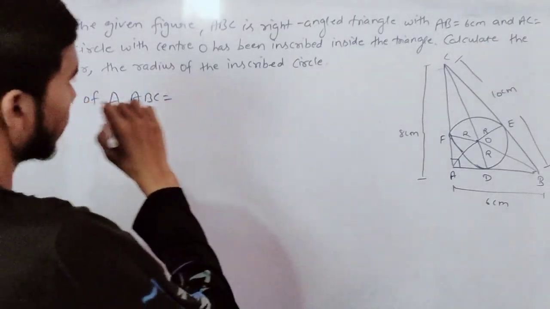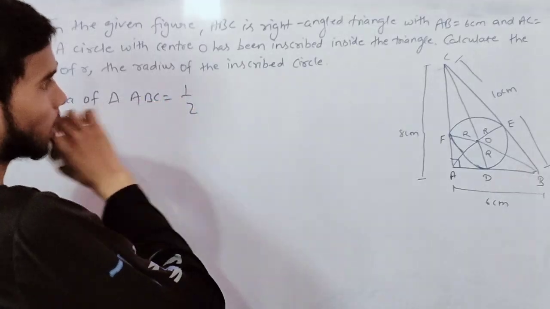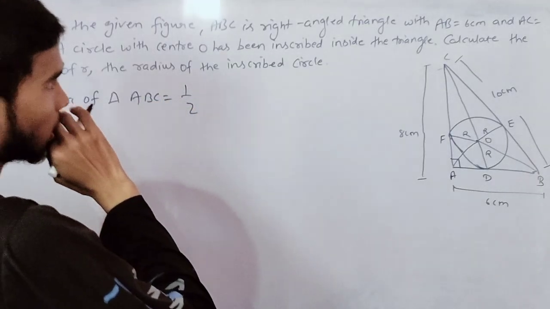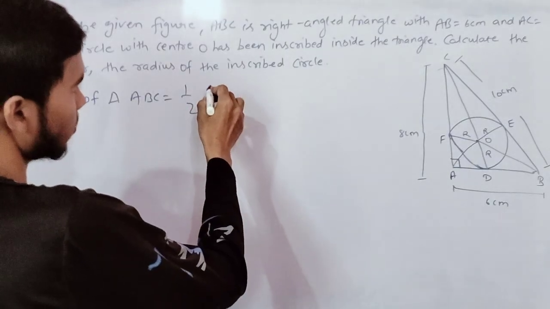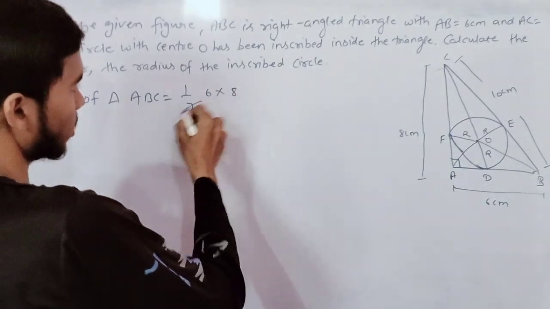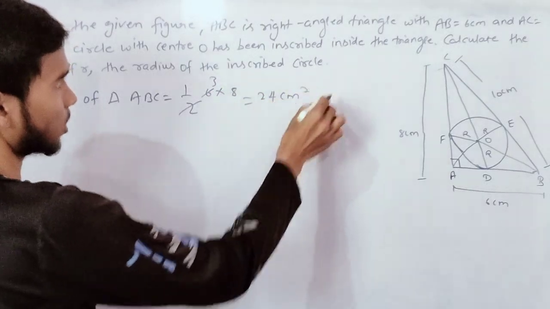It will be 1/2 base multiplied by height. So base is 6 multiplied by 8 centimeter, 2 3s are 6, 8 3s are 24 centimeters.